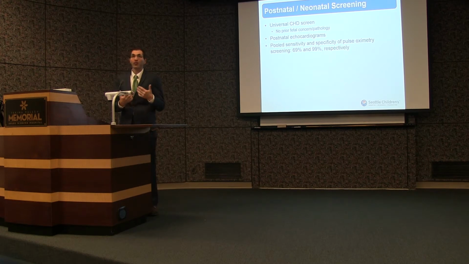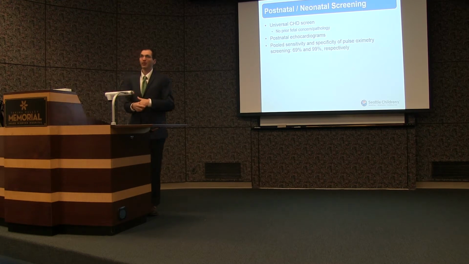So we talk about the role of postnatal echocardiograms. And so there have been studies, meta-analyses of the universal CHD screen, and it turns out that the pooled sensitivity and specificity of pure pulse ox screening is actually very similar to antenatal, where the pooled numbers are about 69% and 99% respectively.